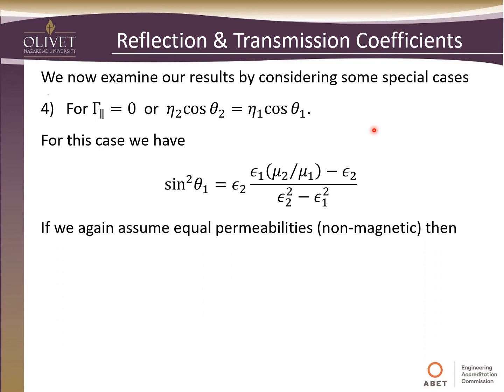And so if we again assume equal permeabilities, that is non-magnetic material, then we now have this special condition that we can solve for, this theta p, which is this theta 1, is equal to the tangent squared of the square root of the permittivities.